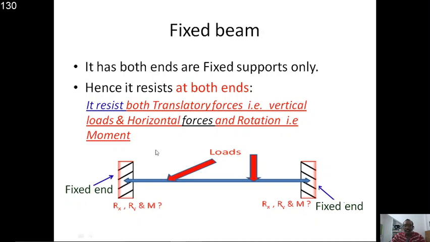Hence, it can be used more advantageously for inclined forces and heavy loads, and where we want some rigid type of connections. In those situations we use this type of connection, where one end is fixed and the other end is also fixed. So it has a good advantage over the other types of beams.